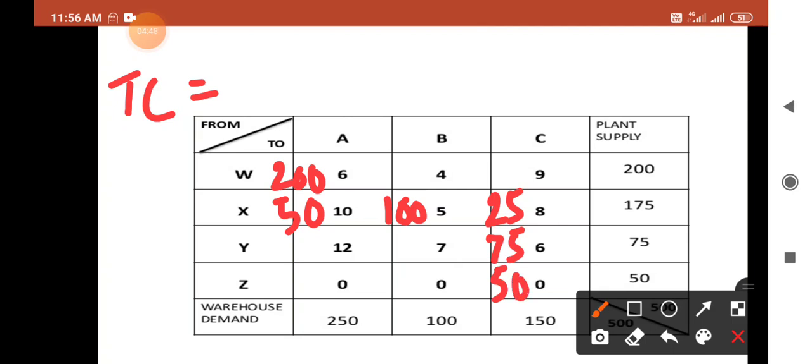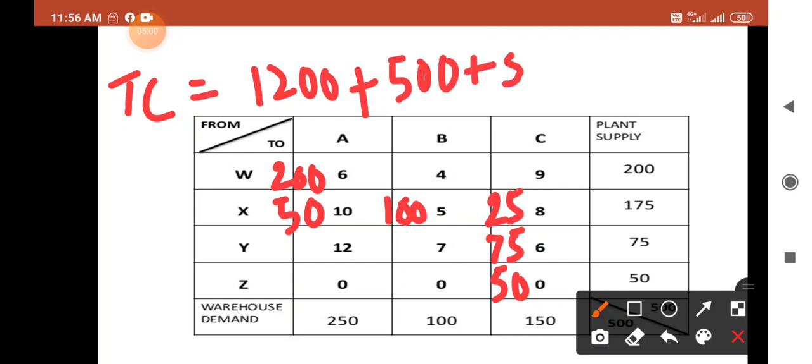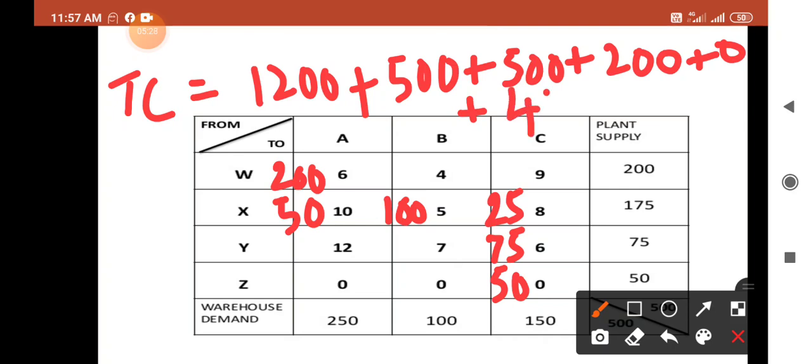So 200 into 6, 1200, plus 50 into 10, 500, plus 100 into 5, 500, plus 25 into 8, 200, plus 50 into 0, 0, plus 75 into 6, 450.